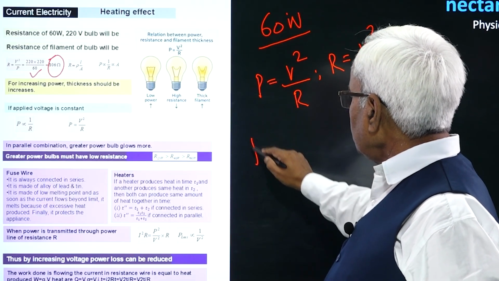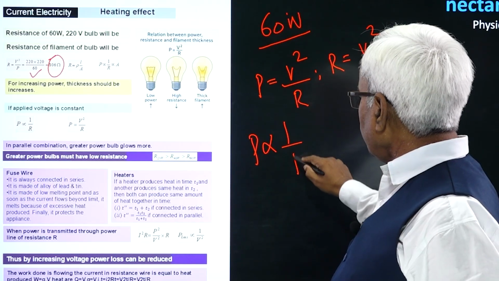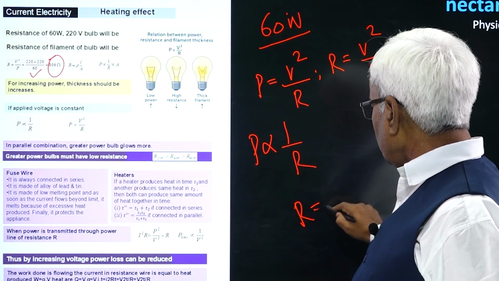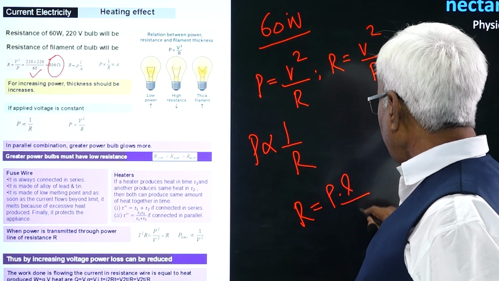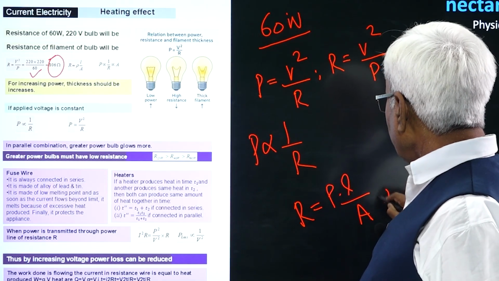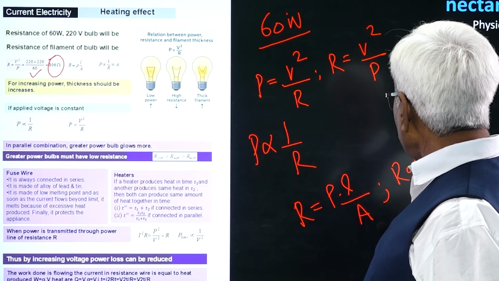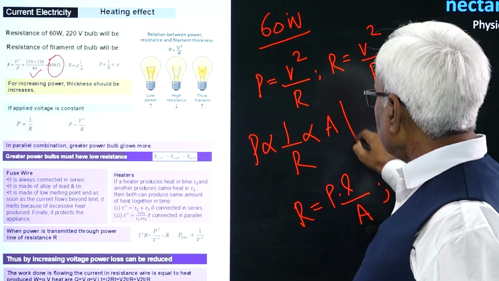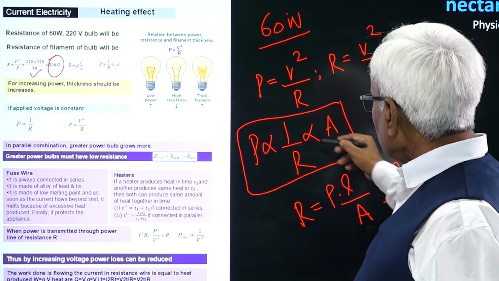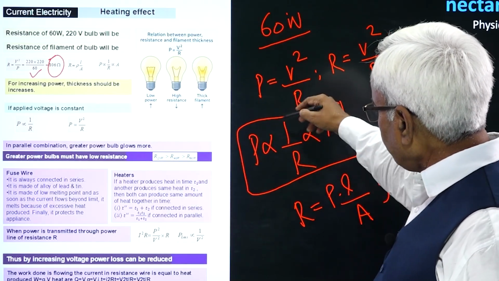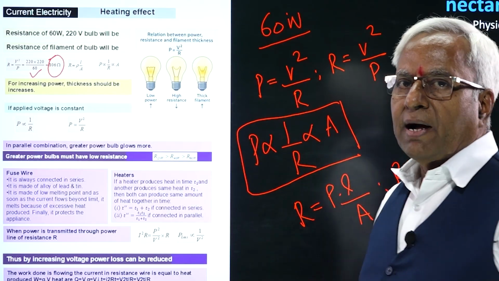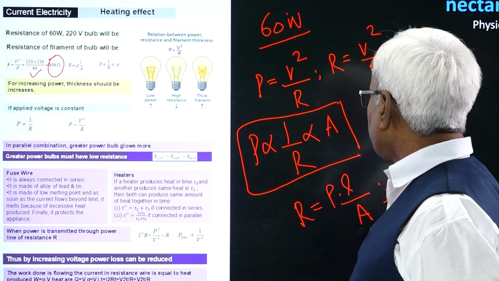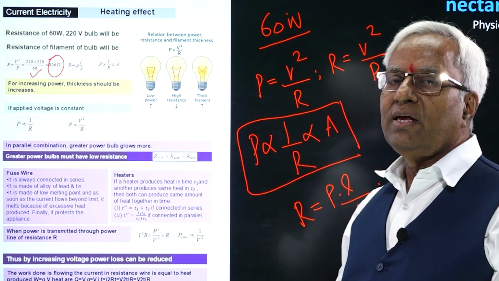You see, power is inversely proportional to resistance, and resistance is rho L upon A. Resistance is inversely proportional to area. 1 upon R would be directly proportional to area. So, you just skip this middle result. Power becomes directly proportional to cross-sectional area.